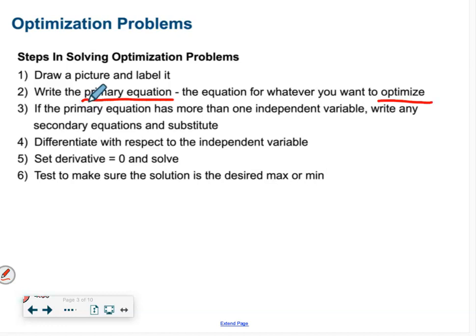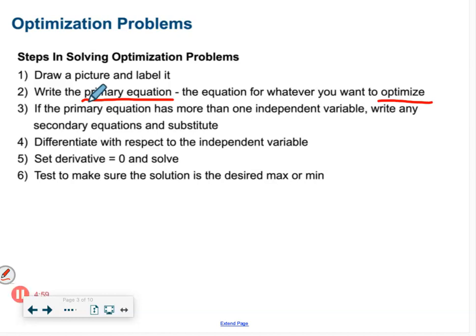The primary equation is the equation for whatever you're trying to optimize. Optimize means make optimal. So usually it means finding a maximum or a minimum, the best or the worst, the greatest or the least, the highest or the lowest, the biggest or the smallest, whatever it is. It's usually some sort of an extreme.